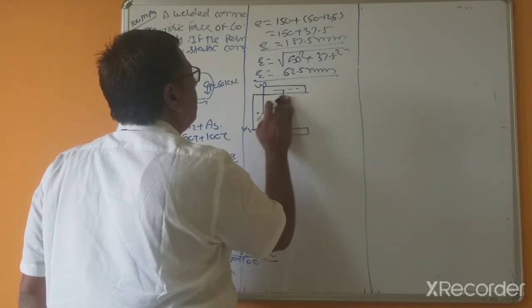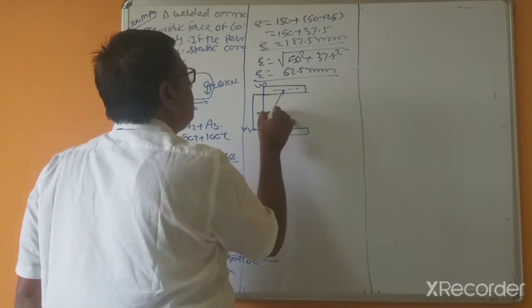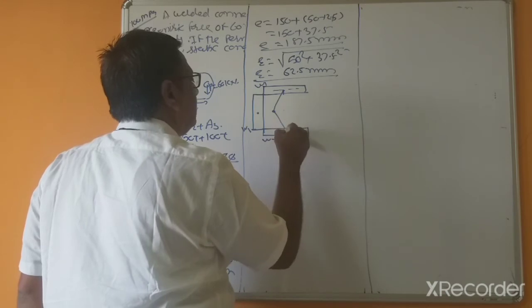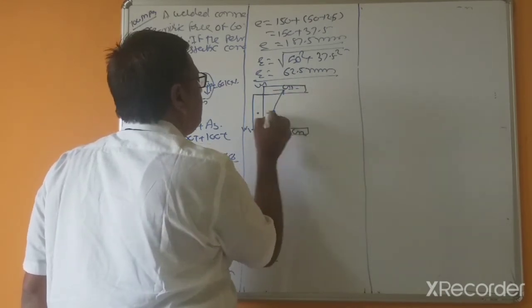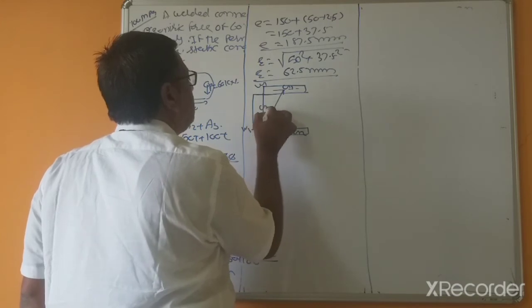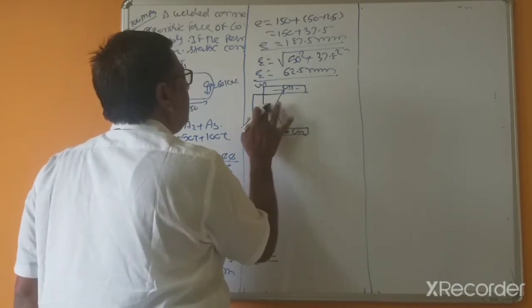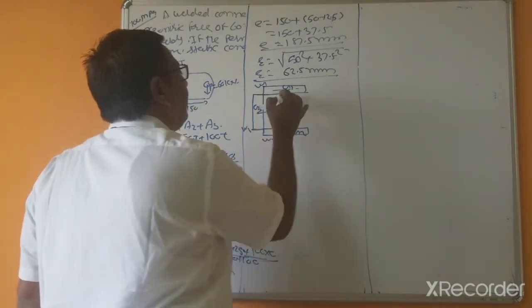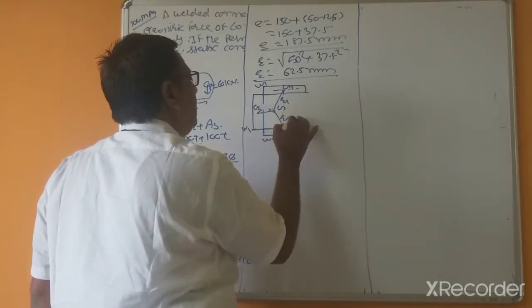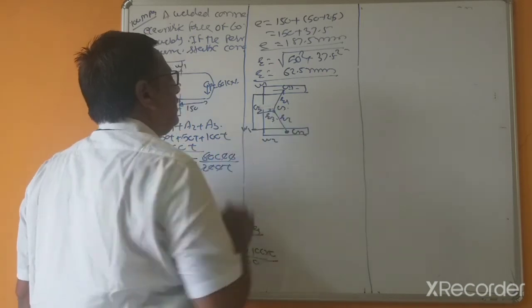Sorry, this is G1, G2, this is G3 and this is G. This is R1, R2 and this is R3.